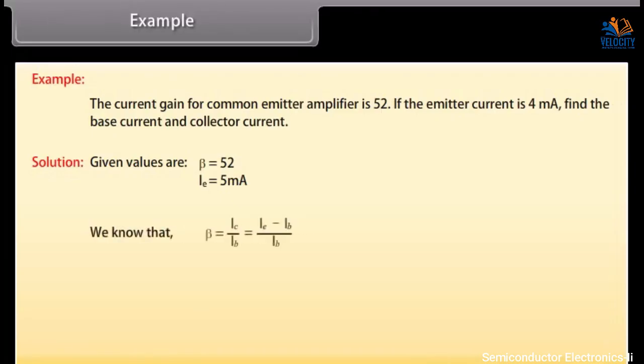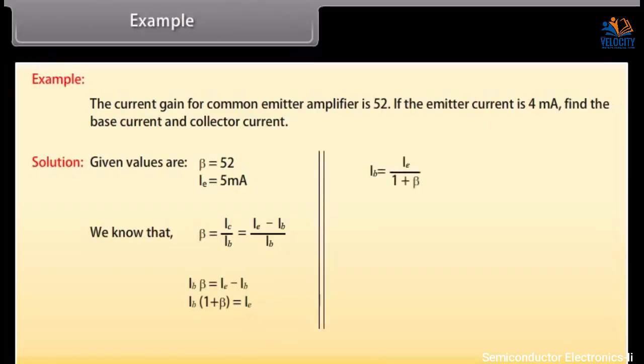We know that beta is equal to IC upon IB, which is equal to IE minus IB upon IB. On simplifying the expression we get IB equal to IE upon 1 plus beta. Now putting the values in the expression and calculating, we get IB equal to 0.08 milliampere.